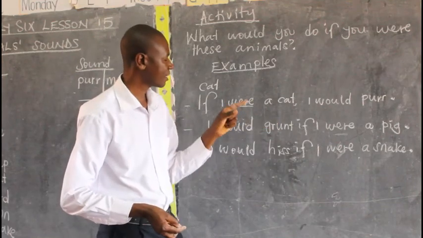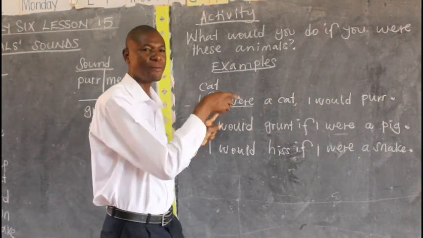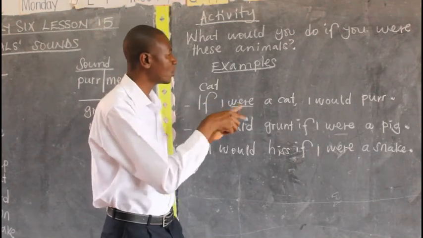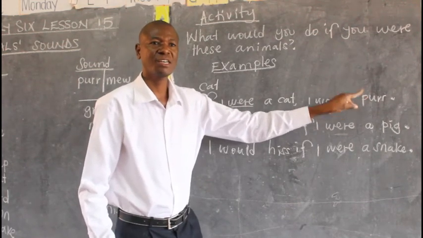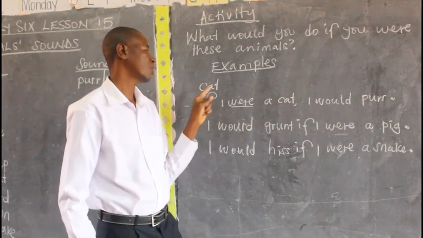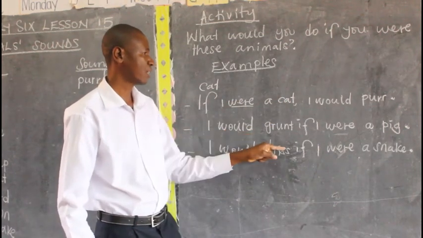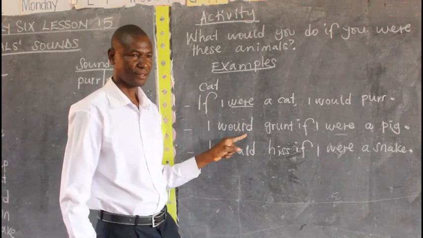So that means that you cannot be a cat. You are a human being imagining to be a cat. So it is impossible to purr, to make that sound of a cat. Reason being, there is no way you can turn into a cat. That is the reason why we are using helping verb were in these sentences.